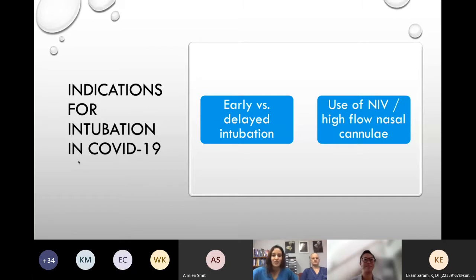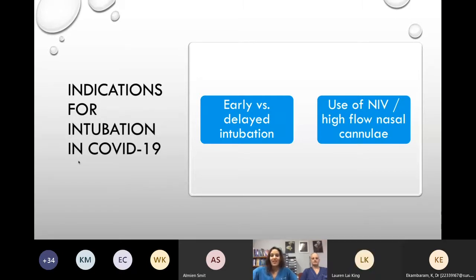Thank you, Lauren, and thanks for having us as EMPRET on board. So before we get into the nitty-gritty about the indications for intubation, before we get into actually how to intubate, it's important that we talk a bit about the indications.